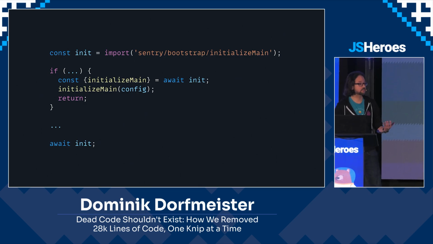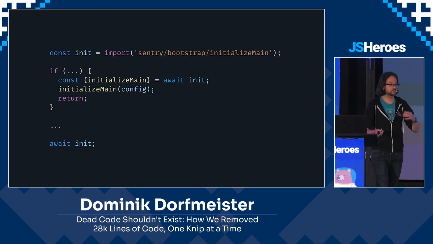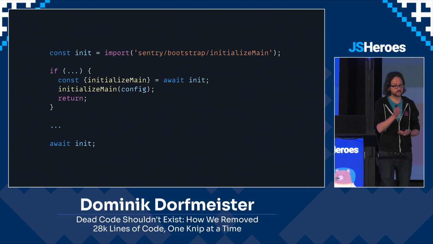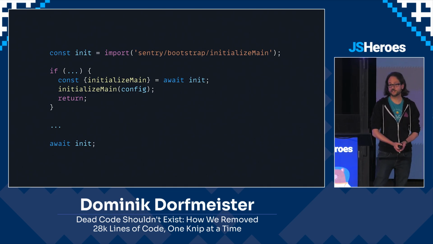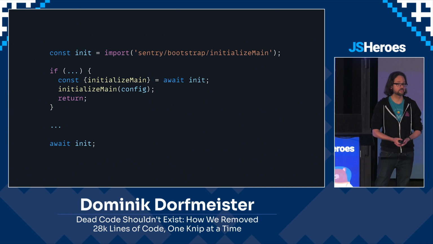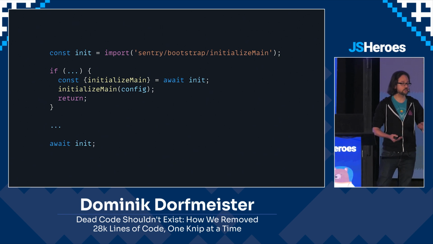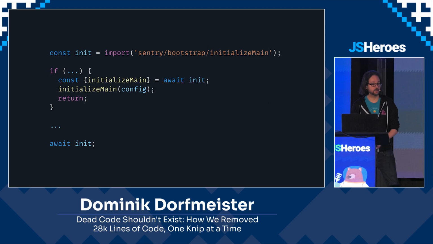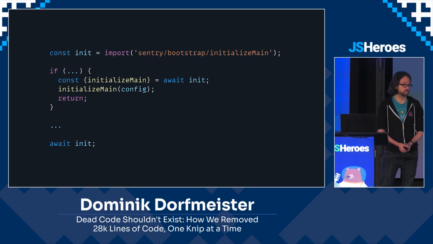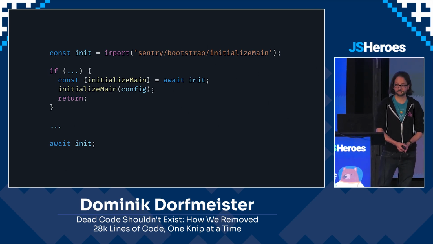Now, Knip didn't use to keep track of where this init variable is used, so it reported everything as unused that's used within this initialized main file. So our fix there was just to add this to the list of known entry points. But it's also worth noticing that this is no longer necessary because Knip keeps getting better over time and, at this point, is tracking this correctly.